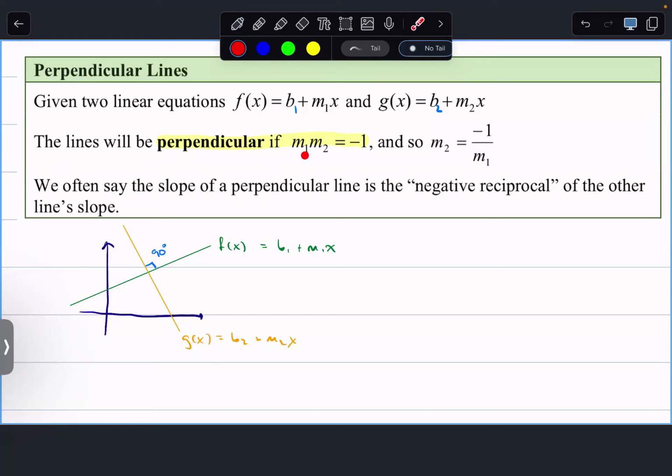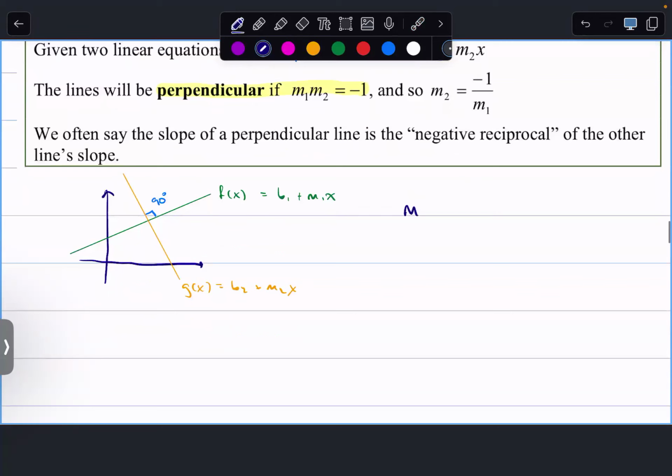So if they're perpendicular, if you multiply the slopes, m1 times m2, you have to get to -1. Since m1 times m2 is -1, if you're solving for the second slope, m2 must be -1 divided by m1, right?